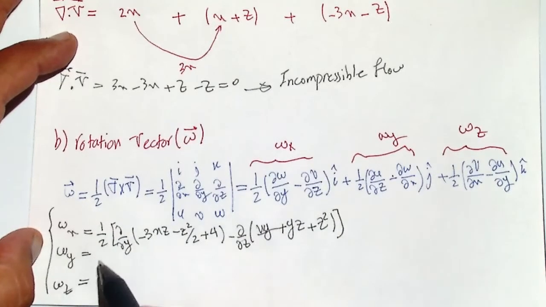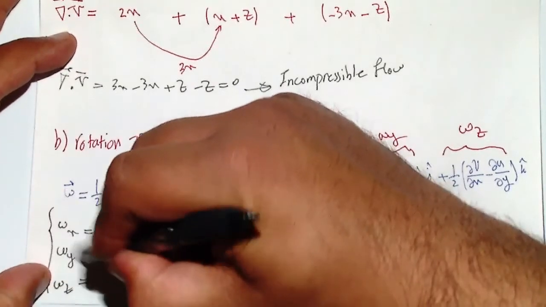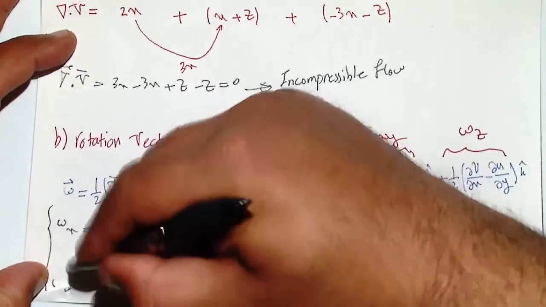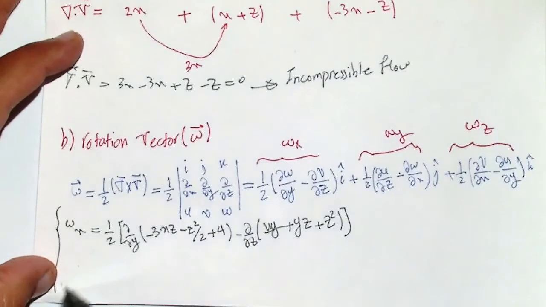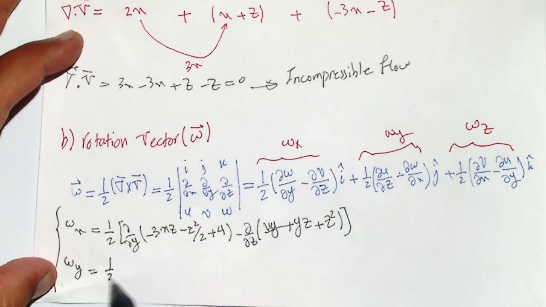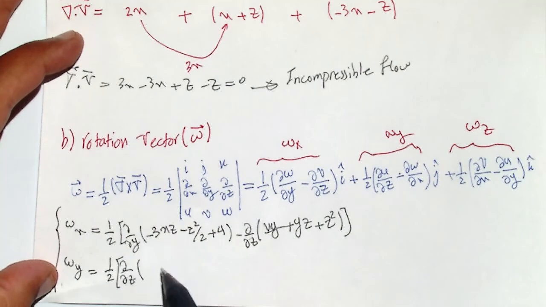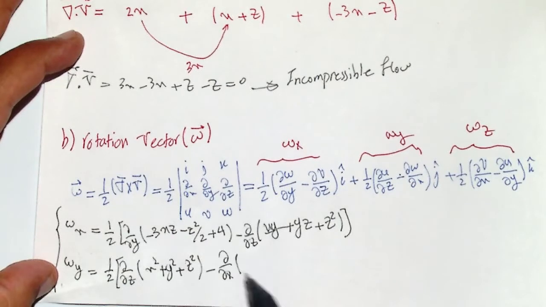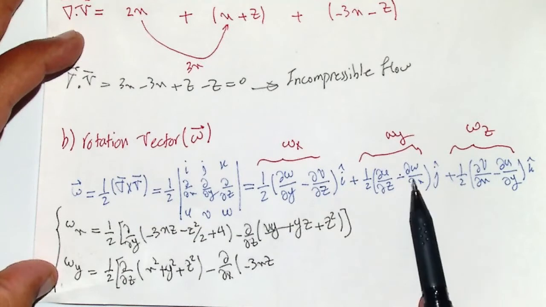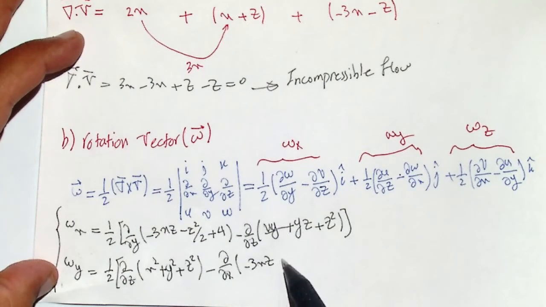Then also the second term. I have more space here, so omega y is 1/2 of the partial derivative versus z of u, which is x squared y squared plus z squared, minus the partial derivative versus x of w, which is minus 3xz minus z squared over 2 plus 4.